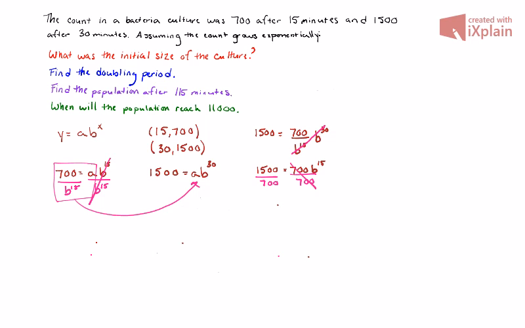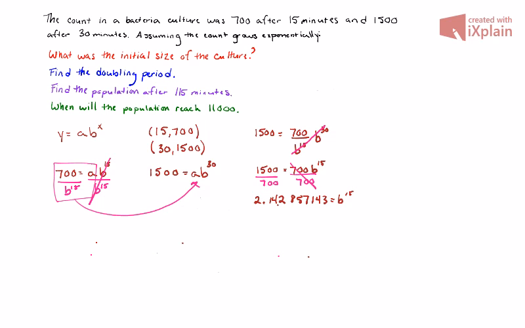And that is going to give us 2.142857143 is equal to b raised to the 15th. I understand that this number is not pretty. However, I did write out the full value that I got from my calculator because I don't want to round any of my values in the middle of my calculations.